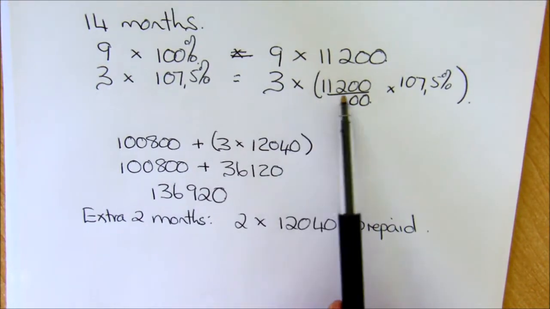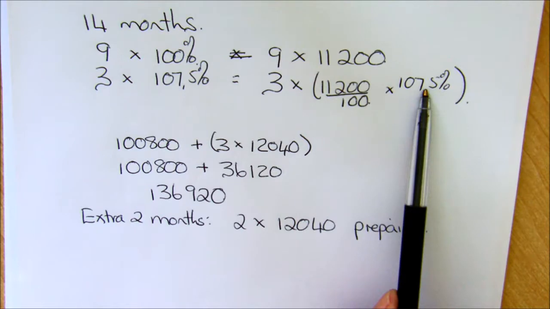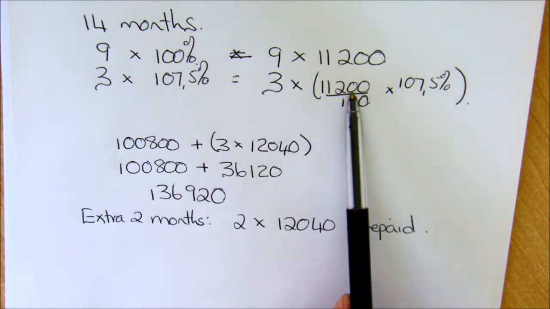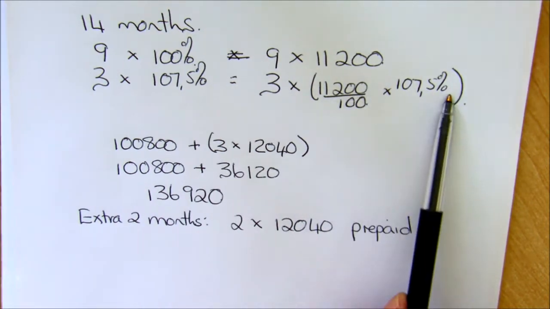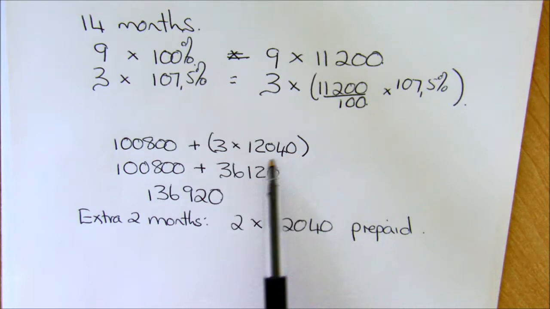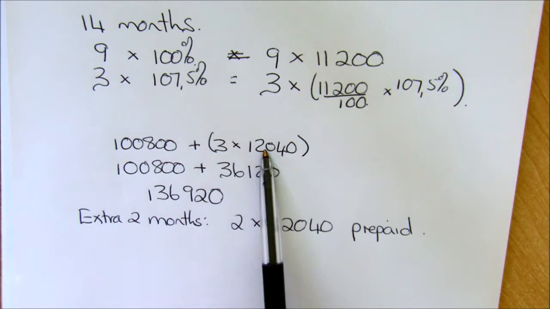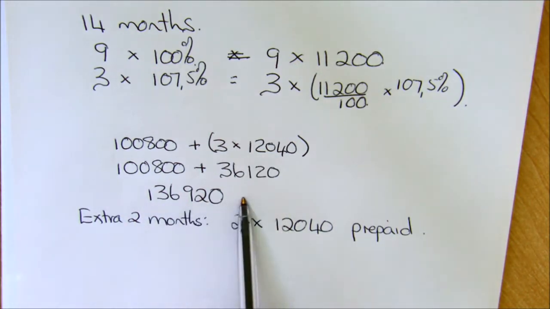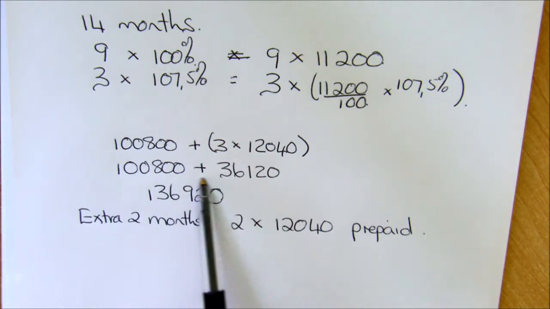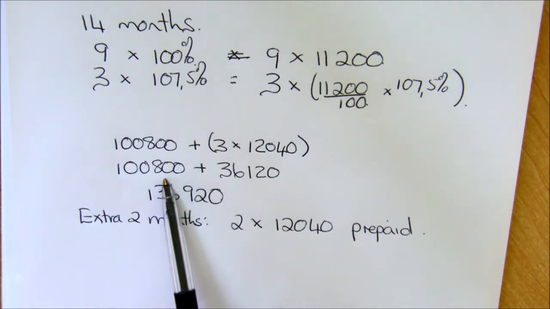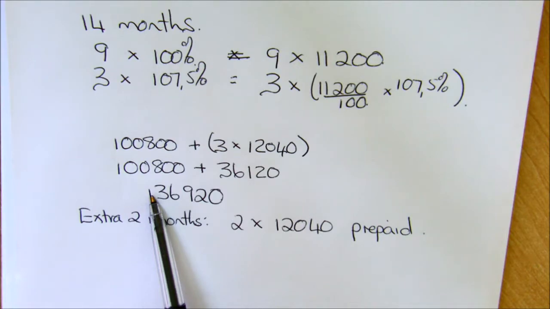The rent here has increased to 107.5%. So you take the 11,200, divide by 100 times 107.5, and you get the increased rent, and 3 months to make up the year. And so the total rent for this year is 136,920.